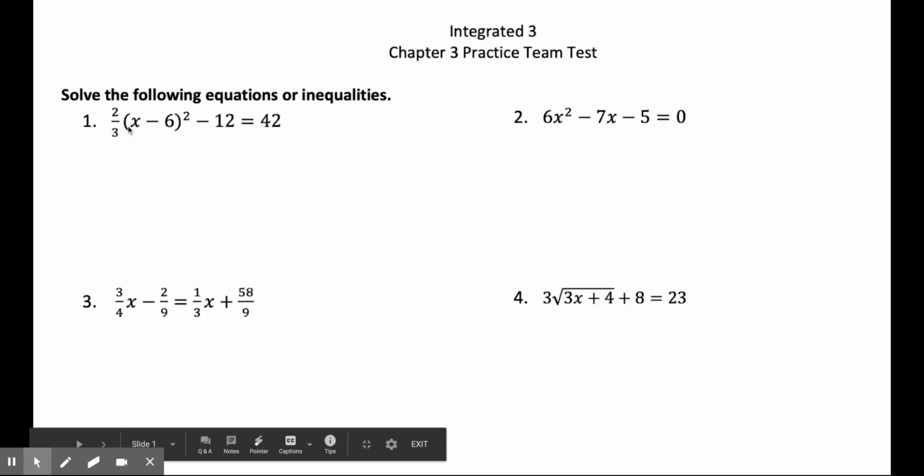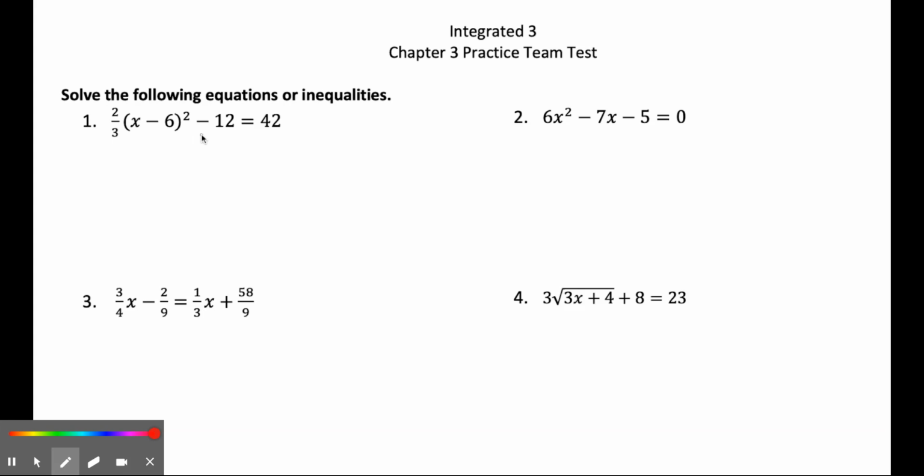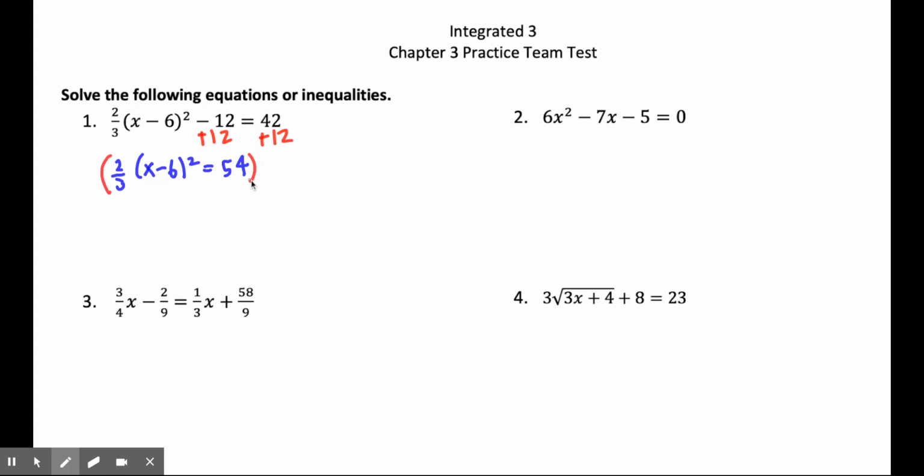So for number one, you want to isolate what's being squared. So you want to add 12 to both sides, and then you get 2/3 x minus 6 squared equals 54. And then you want to get rid of this 2/3, so you multiply by 3/2, right?